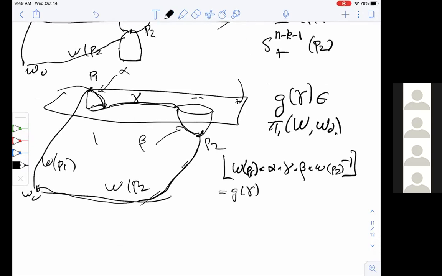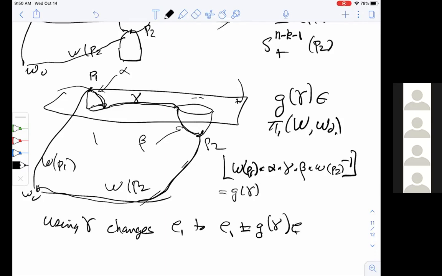So if I do the handle slide that I'm talking about using gamma, it changes E1, which is the basis element going with P1, to E1 plus or minus, depending on the choice of orientation, G of gamma, E2, and then E2 and so on are unchanged.